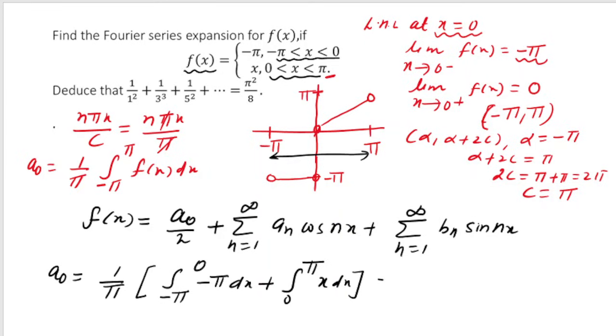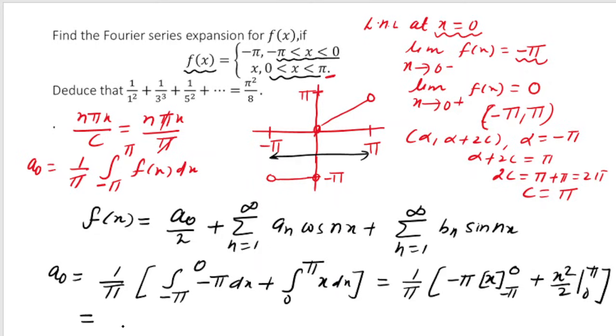So what will I get? I will get 1 by pi, and if I integrate this, I get minus pi, and integration of dx is x, so here the limit of integration is minus pi to 0, and plus, if I integrate x, I get x square by 2, and here the limit of integration is 0 to pi. So if I substitute the limits, what will I get?